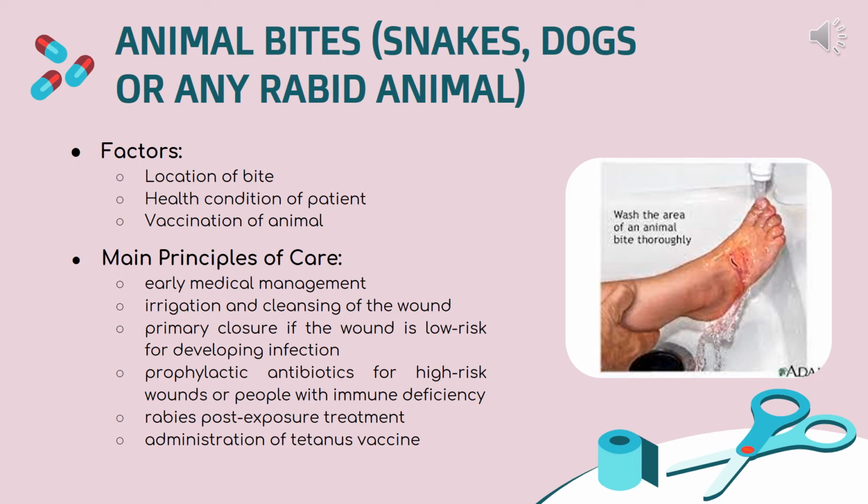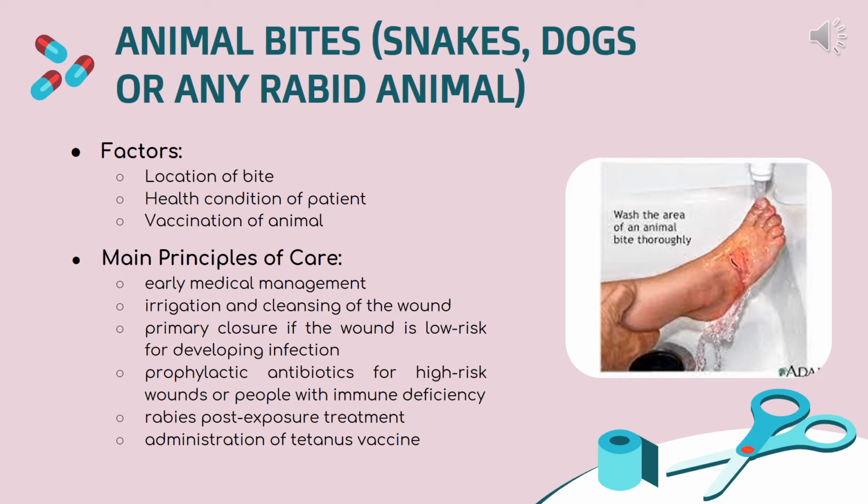Cleansing is to prevent infection. Next is the primary closure of the wound if it is low risk for developing infection. Then prophylactic antibiotics for high-risk wounds or people with immune deficiency.